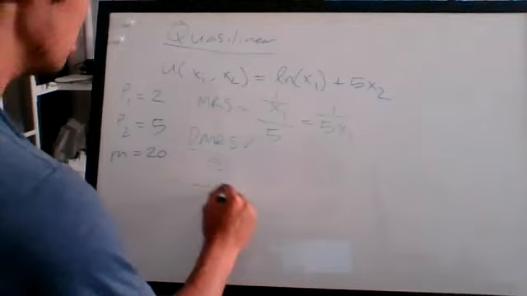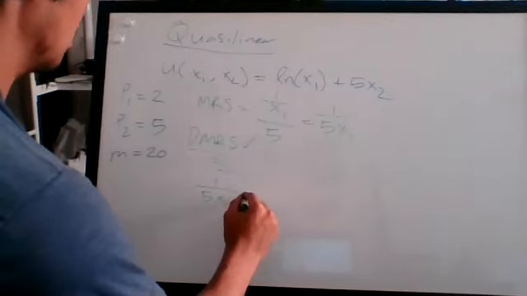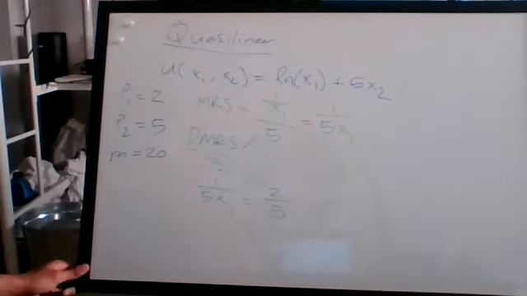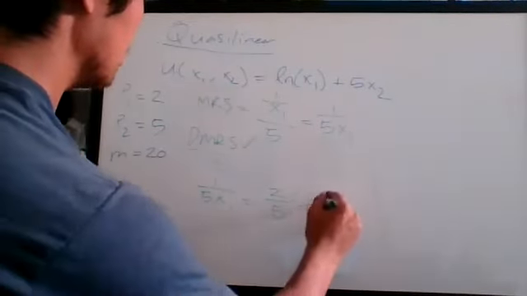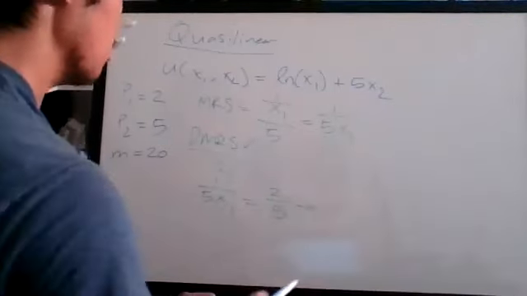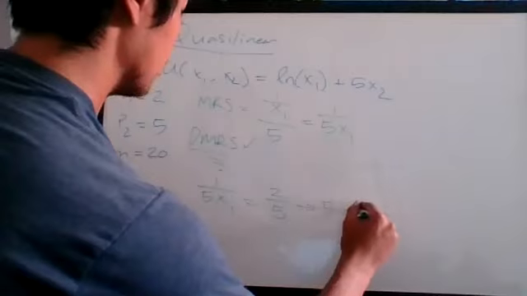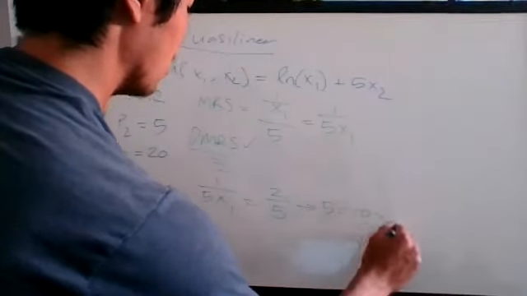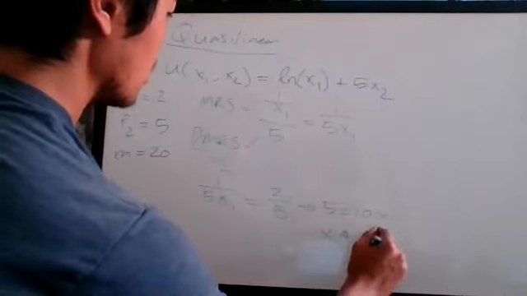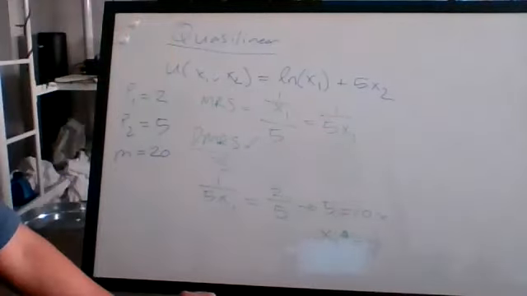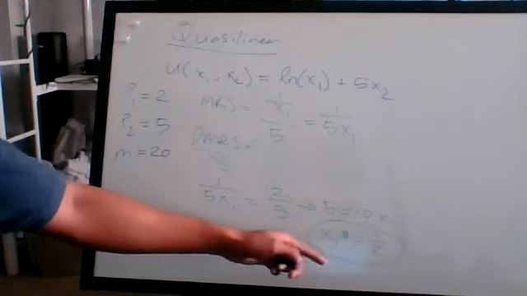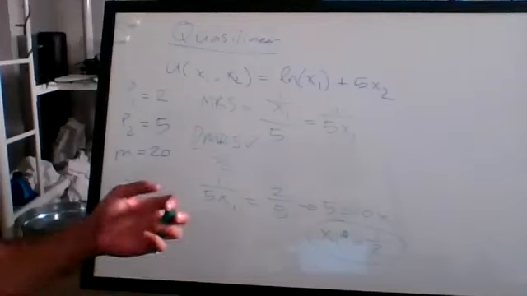So 1 over 5x1 is going to be equal to 2 over 5, right? And this will look something like 5 is equal to 10 x1. And so x1 star is going to be equal to 1/2, right?